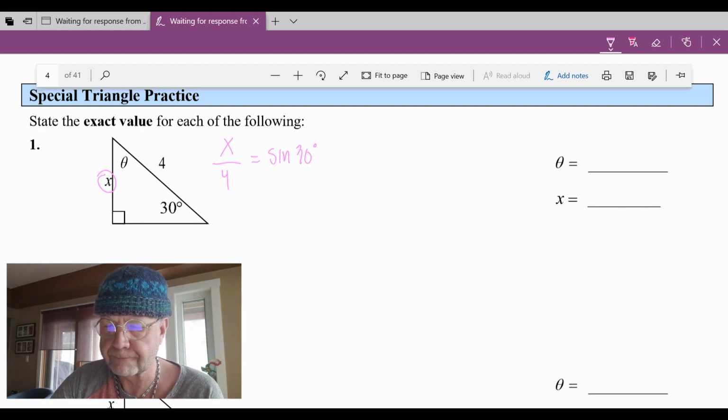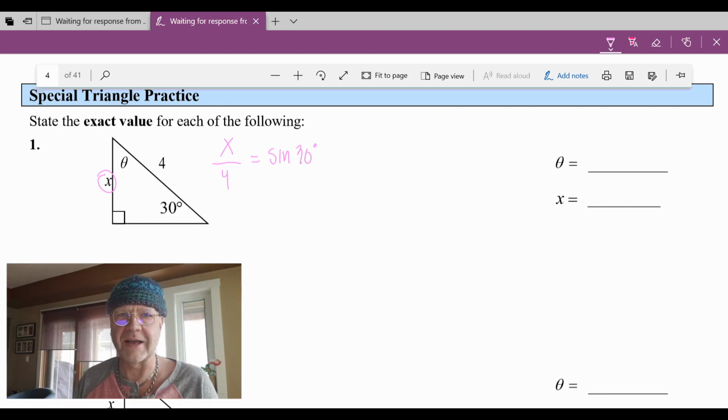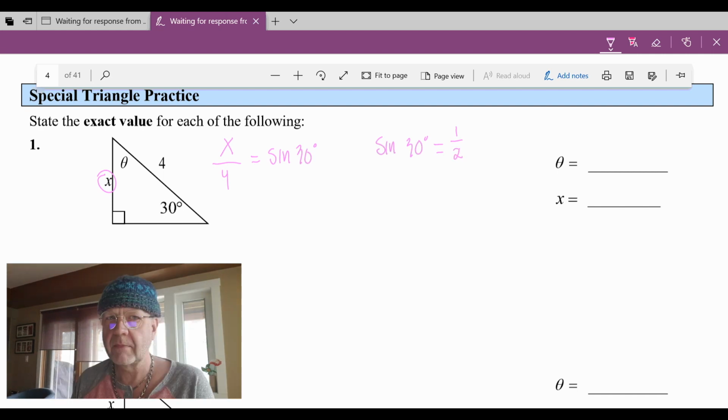All right. Now it's asking us for theta as well. We'll do that later. Let's start with x. Do we remember what the sine of 30 degrees was? Sine of 30 degrees using your special 30, 60, 90 triangle is 1/2. And if you stick with this mathematical business long enough, that's going to just jump into your head as it just did in mine. Sine 30, 1/2.